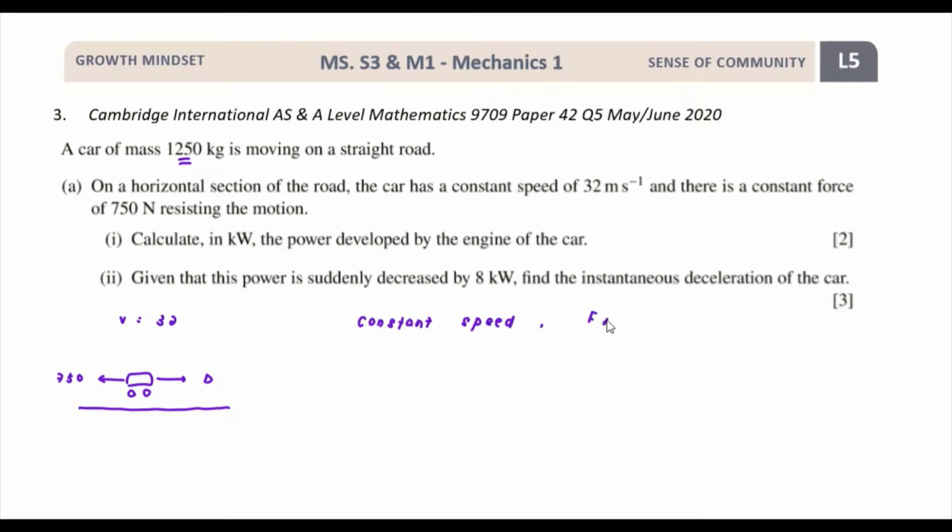So you must remember this. Which means the particle or the car here is in equilibrium. So if there is no net force, for our part 1 here, the driving force is basically equal to the resistance force, which is going to be 750. Okay, so you need to understand the question so you get the information that you need.